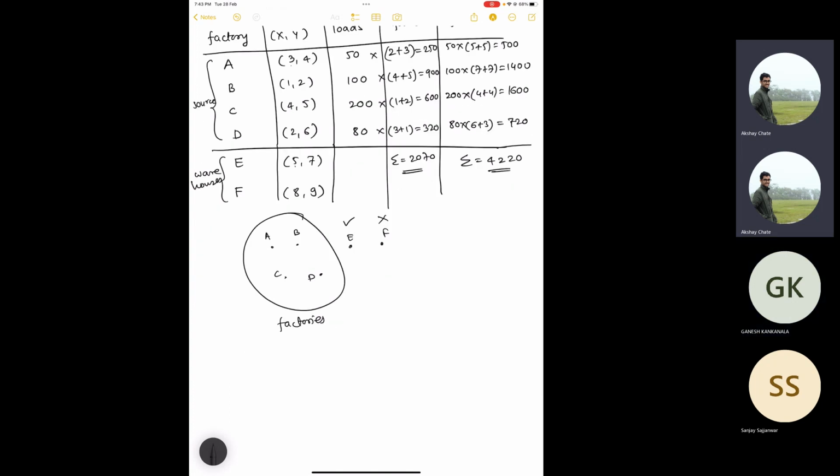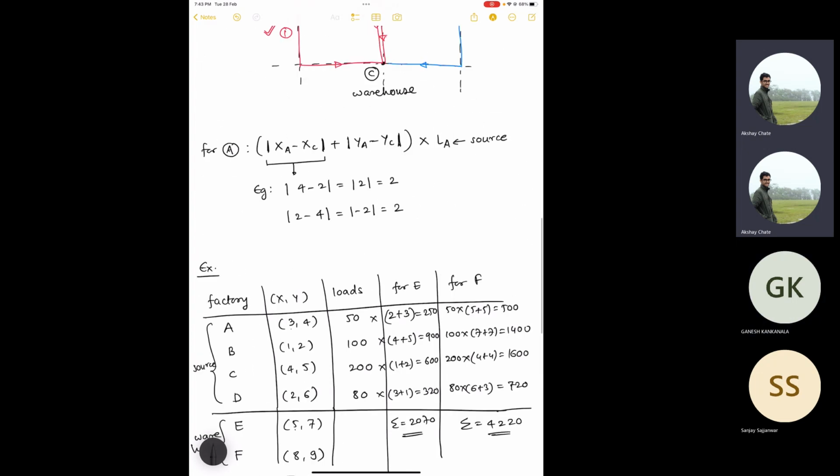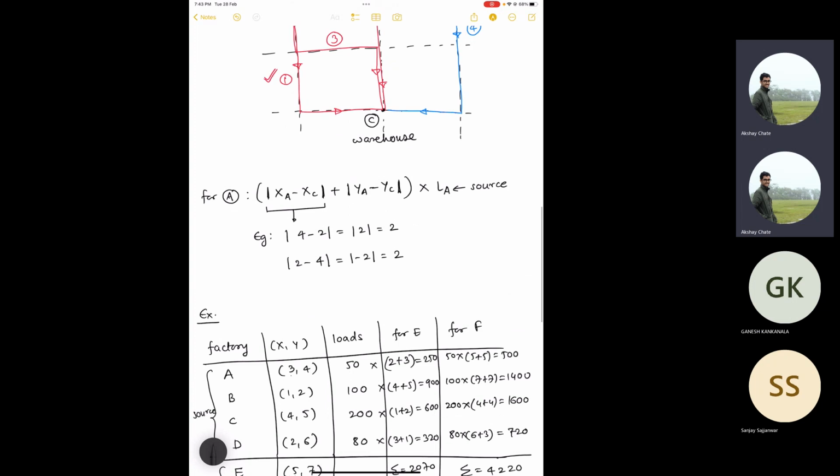You have asked a question which is quite relevant also. You need to first understand, when you multiply distance with the load, it is considered from the source, how much load is coming from the source.